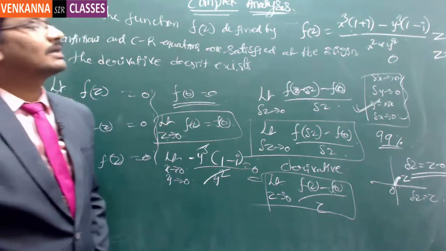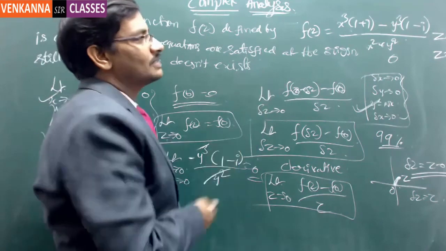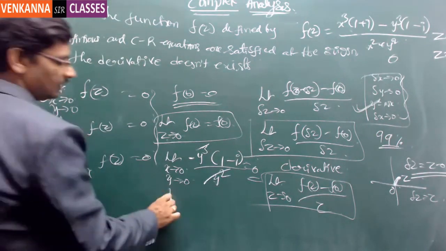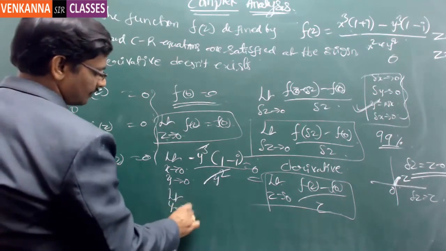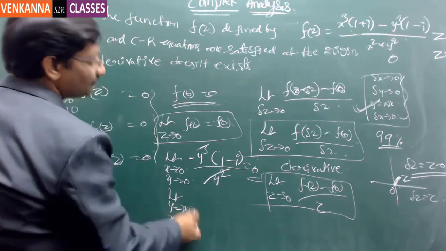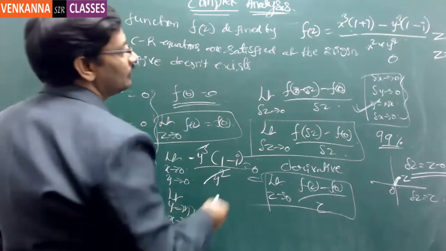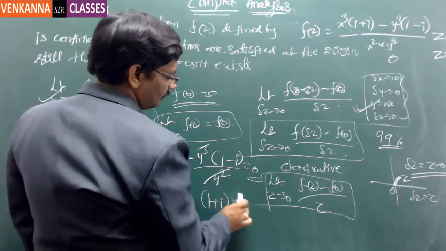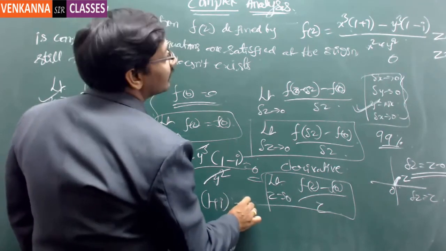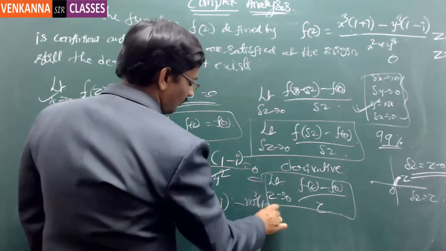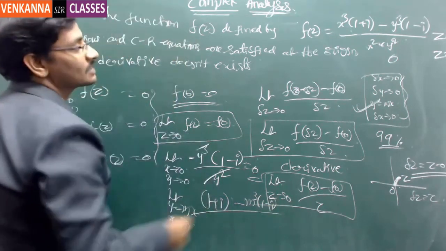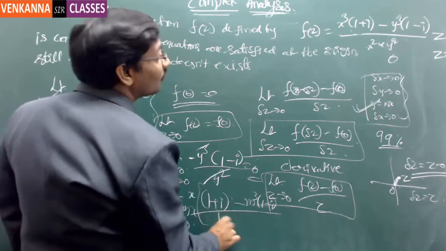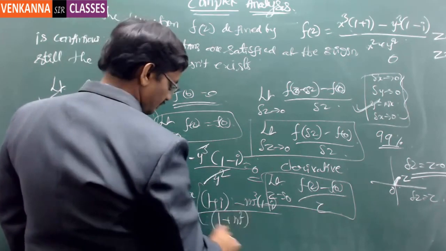Then you take the other case, y is equal to mx and then x tends to 0. That is the third case. Here, if you put that value, 1 plus i into m minus m cube into 1 minus i divided by x square, so x will come out, and then 1 plus m square.